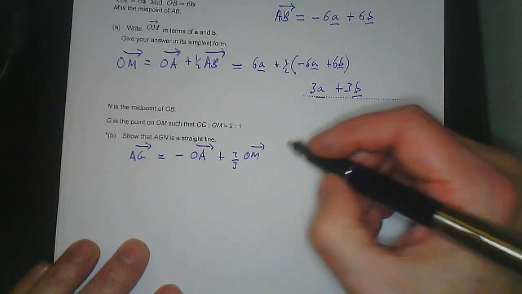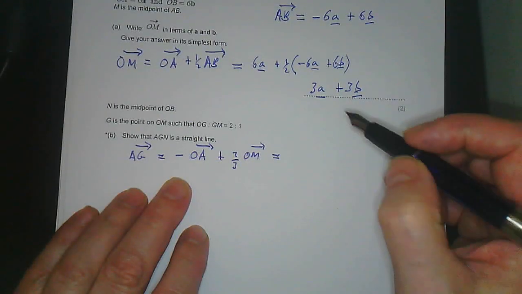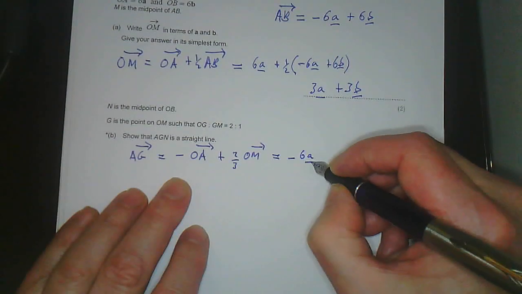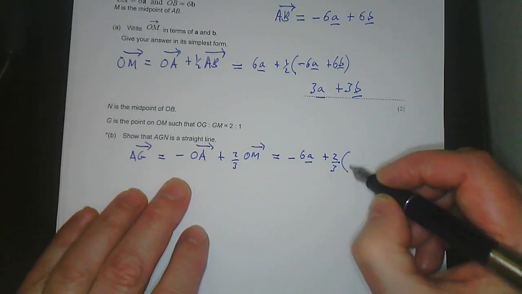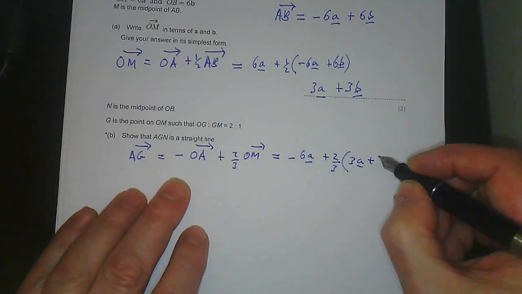Because of lack of space, I'm going to write next to it. Here, minus OA. So minus OA is minus 6a. And then we want to add on 2/3 of OM. And OM we worked out in the first part. It's 3a plus 3b.